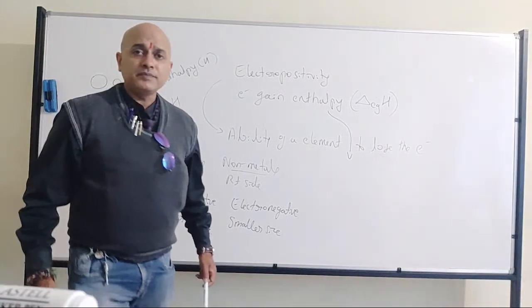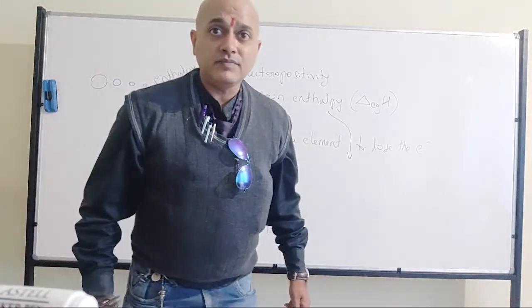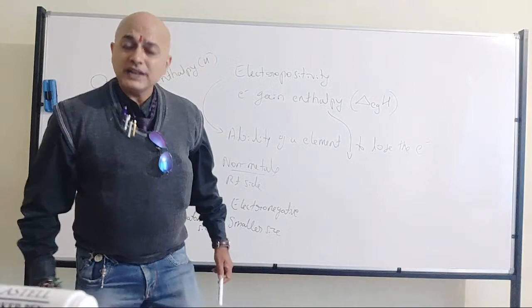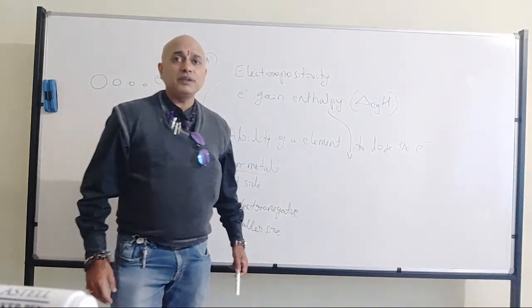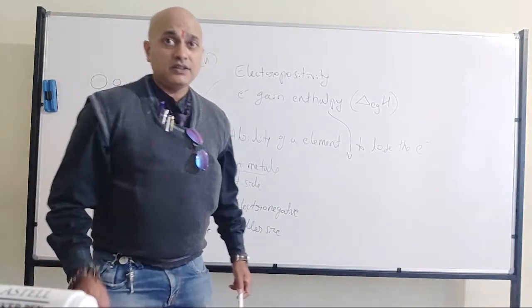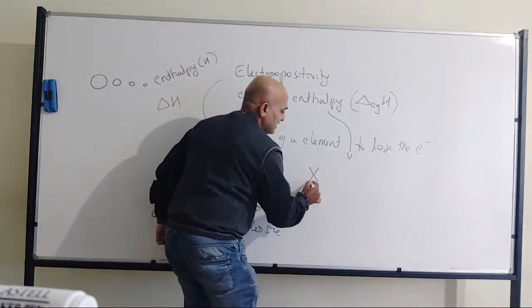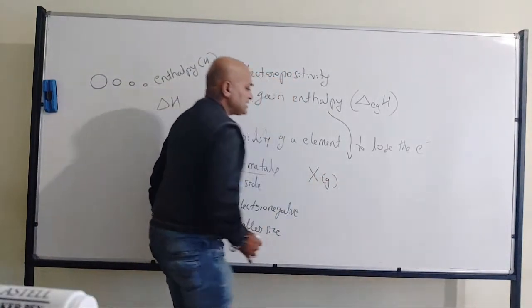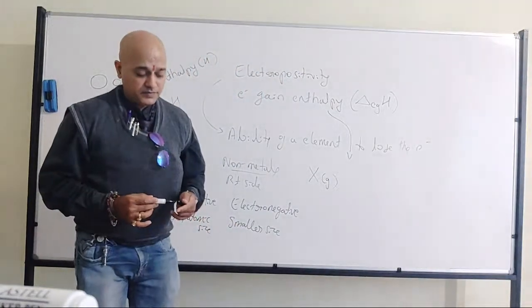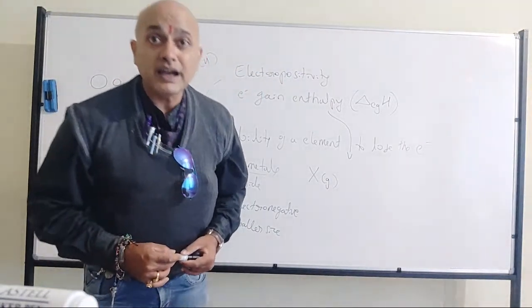Normally it is done when the elements are in their gaseous state. Only one reason, because for example if I want to write the reaction, X is an element. Don't think it's a chromosome, biology students.